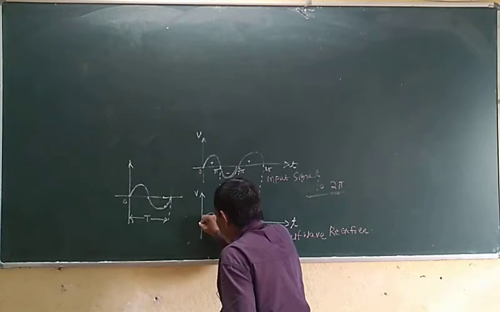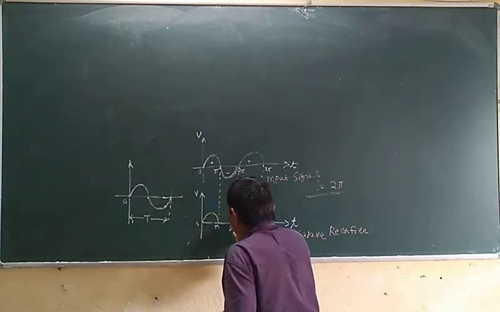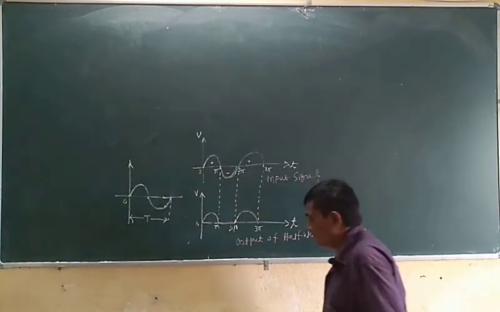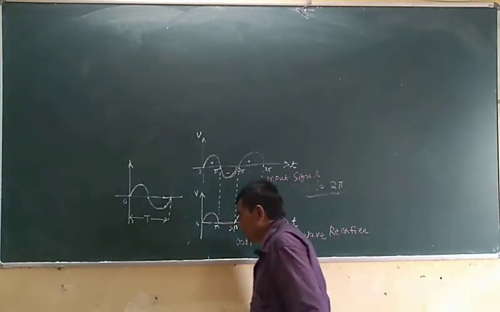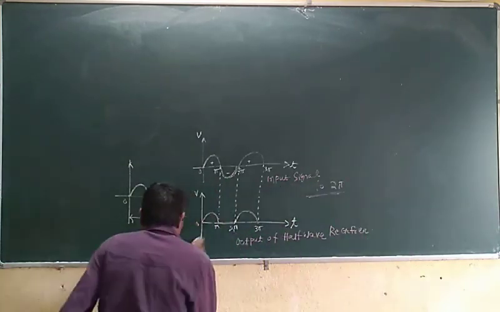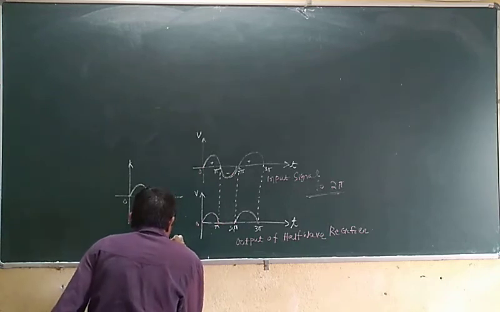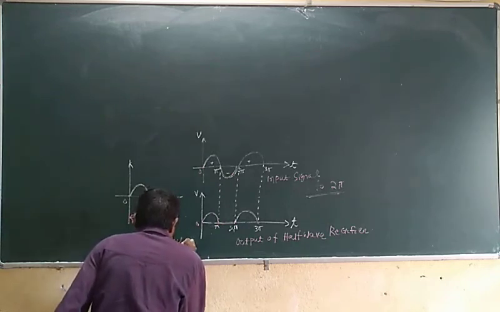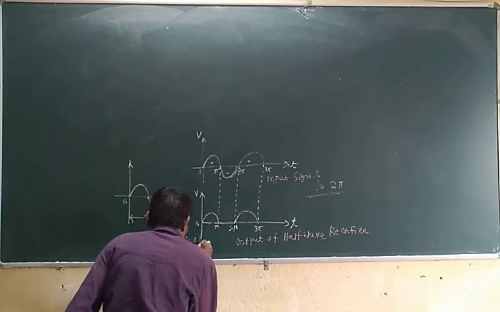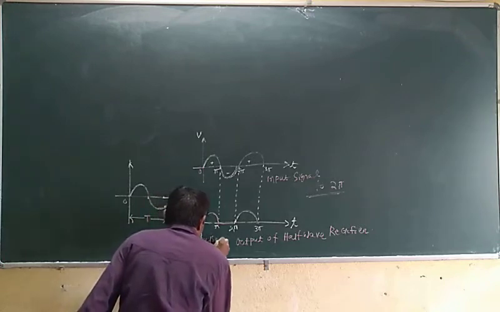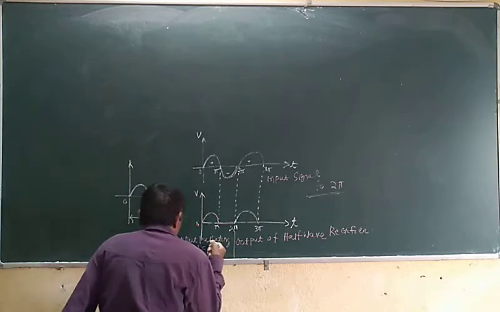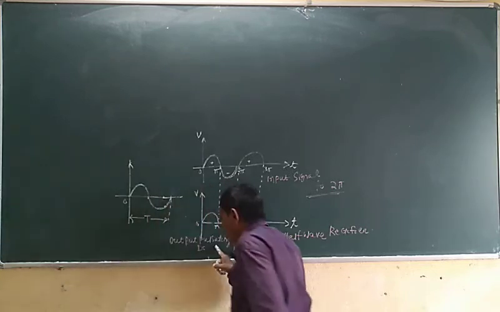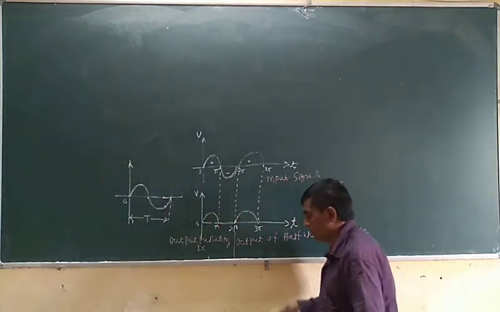This waveform is also known as a half cycle waveform. It is also called pulsating DC. It is not pure DC, but a pulsating DC output.